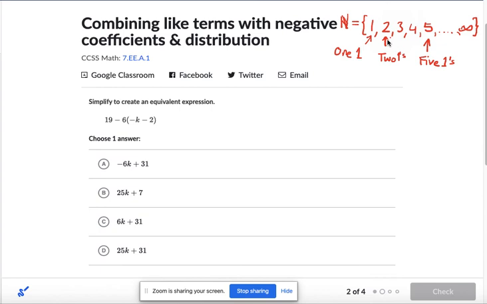So let's take a look at a problem. Right now we're looking at this problem right here. We've got a 19 stuck over there on its own. That one there's a constant. This -6 is neither a constant nor a variable. That's actually a coefficient, this coefficient outside of the parentheses that can't do anything until you actually distribute it in.